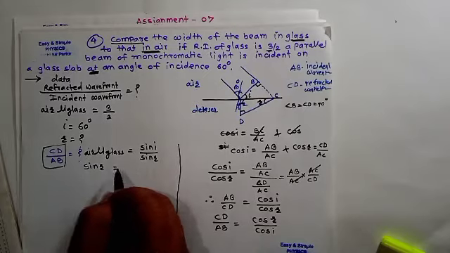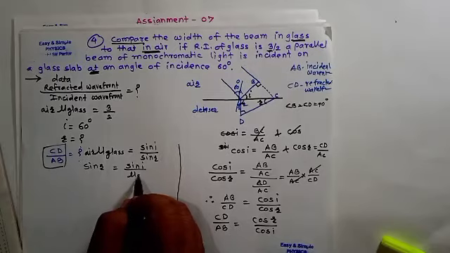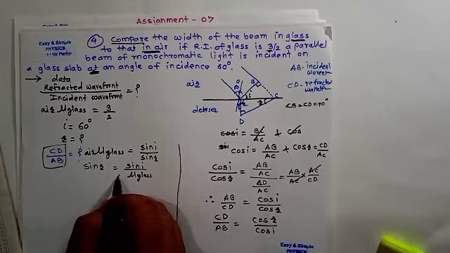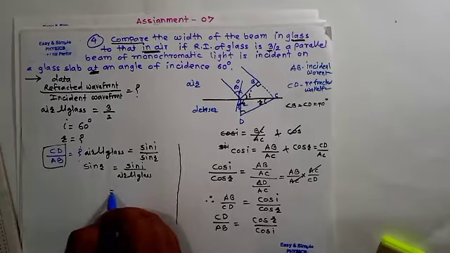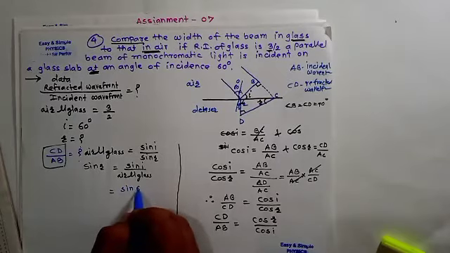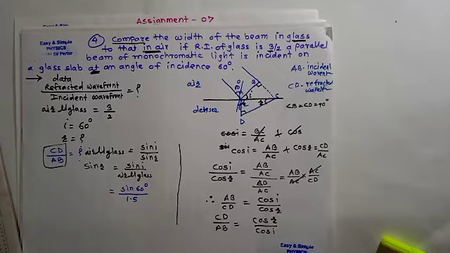Sine R is equal to sine I upon mu, glass with respect to air. If we substitute the value, sine of 60 degree divided by 1.5 or 3 by 2. So it will be sine 60.